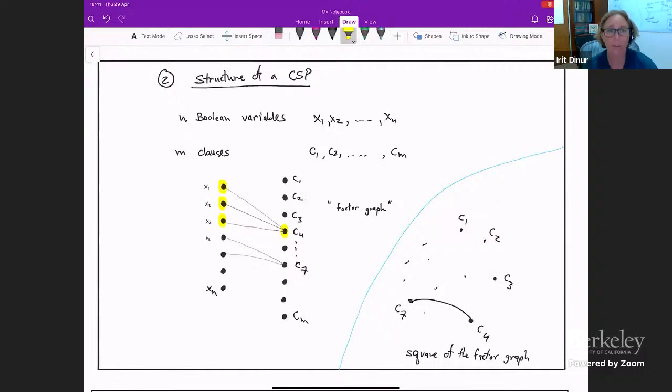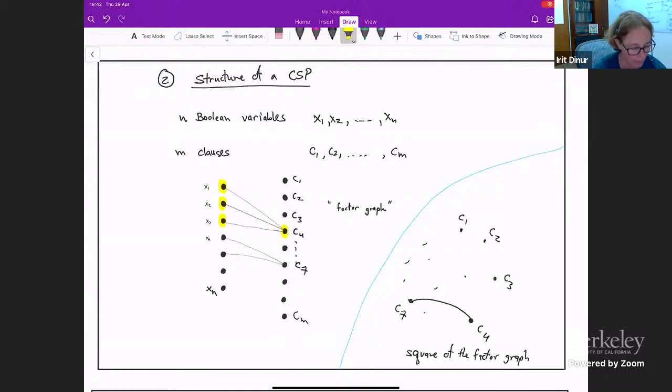And now this is already some kind of graphical depiction of my instance. And I can ask myself, how does the instance behave complexity-wise with respect to how it behaves graph theoretically, connectivity or expansion, and so on. Sometimes we don't like bipartite graphs so much, and so we look at the square of this graph.